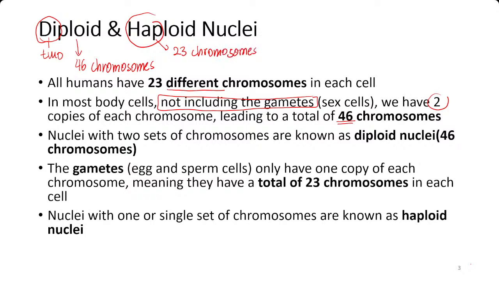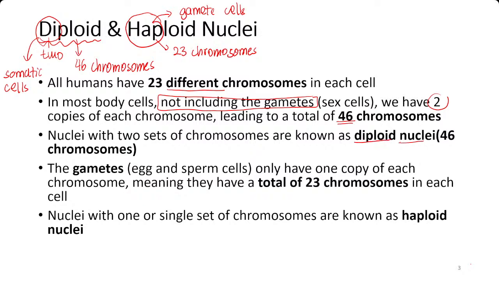Diploid cells can only be body cells, or something that we call somatic cells. Somatic cells are all cells except gamete cells. This means that haploid cells can only be gamete cells. Nuclei with two sets of chromosomes are known as diploid nucleus.